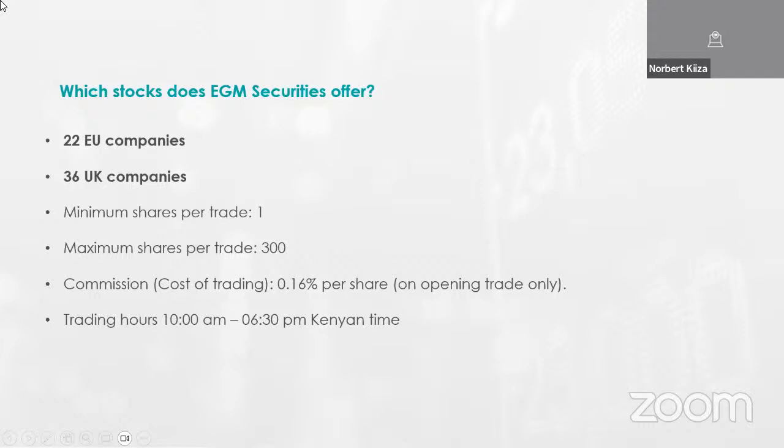Then the commission for these stocks is 0.16% per share, only when you're opening the trade. Then the trading hours are between 10 a.m. Kenyan time up to around 6:30 p.m. Kenyan time.